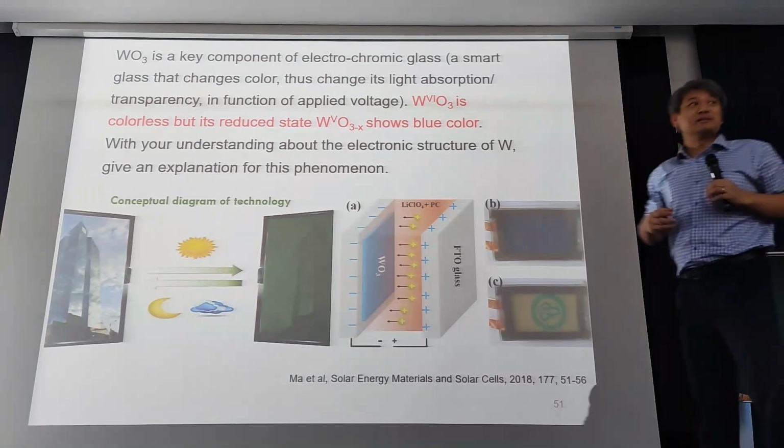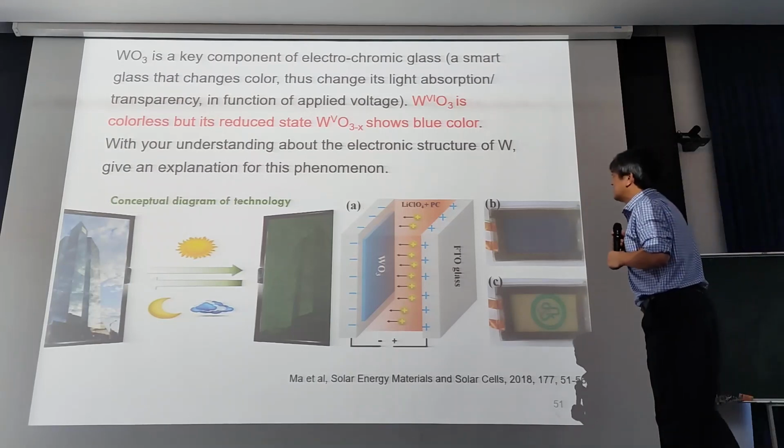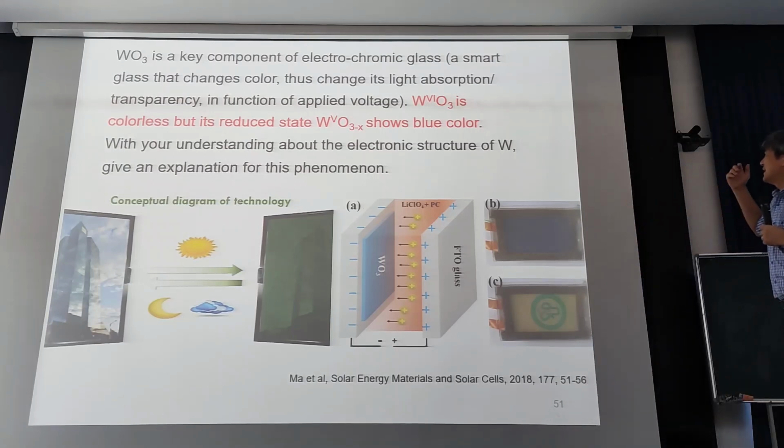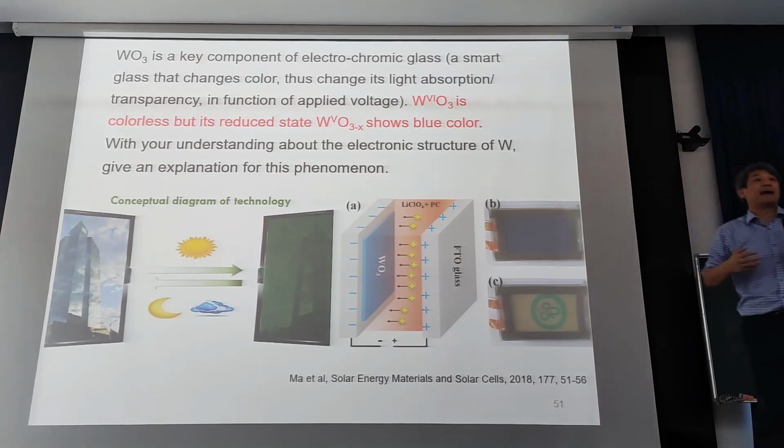So it's a very important source to develop the smart window. So my question is, with your understanding of the electronic structure of tungsten, give an explanation of this phenomenon. Why do we start from something transparent, and when we turn on electricity, it becomes this color, blue or green, depending on the potential you apply?